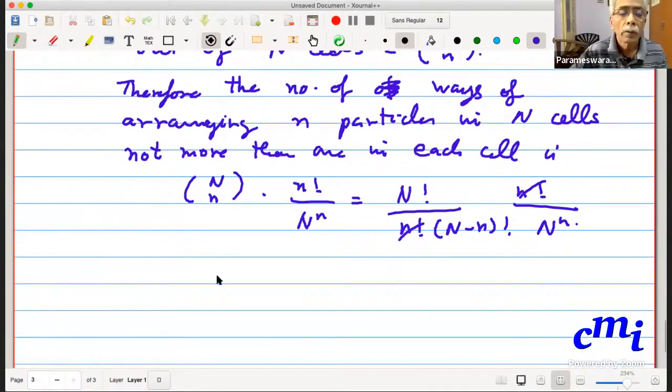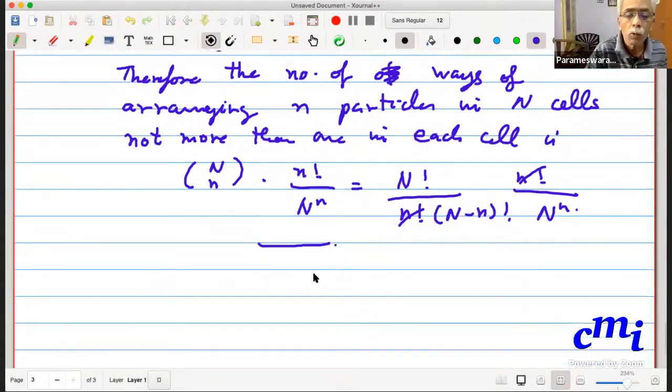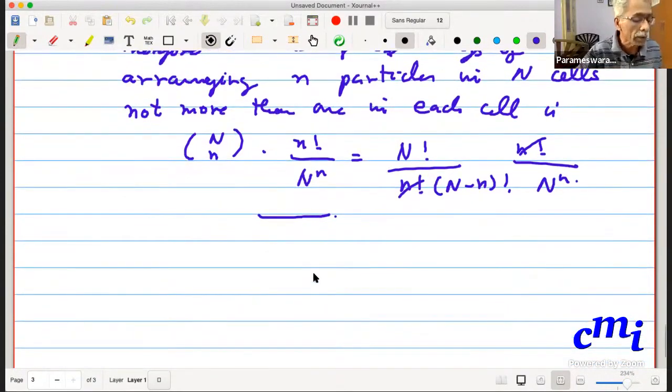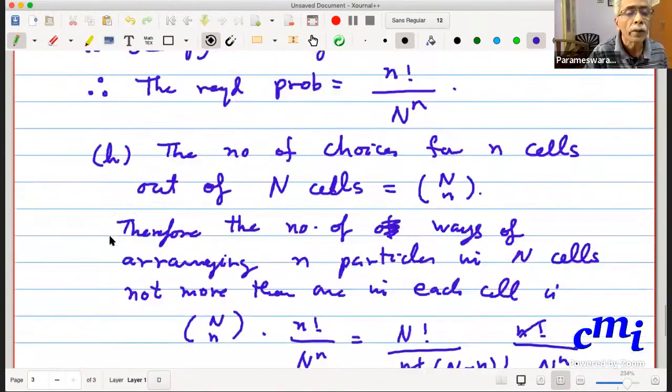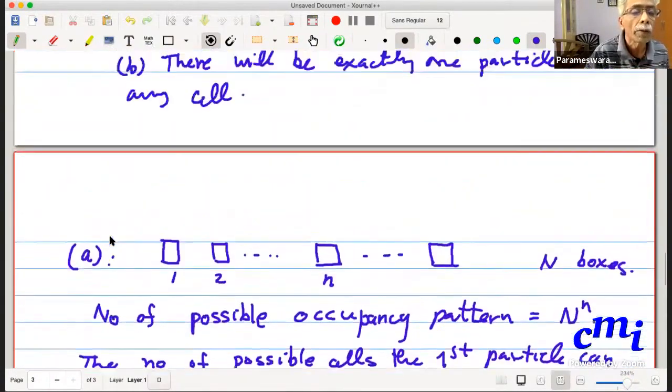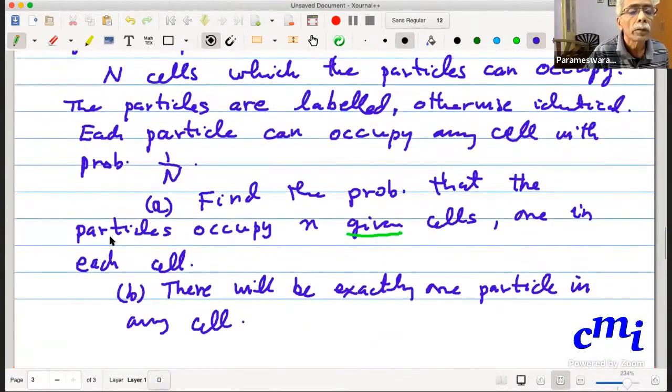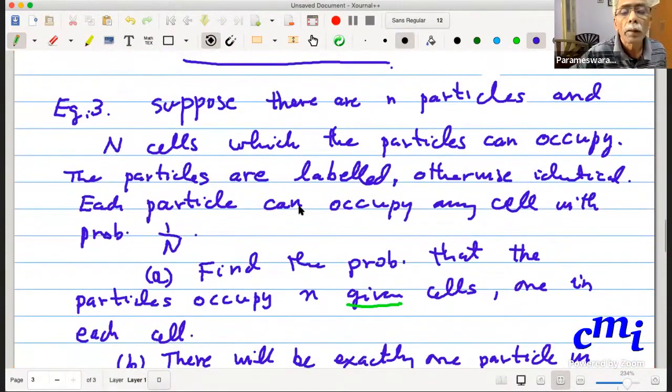Now there is a variation on this theme. You see how if we change the condition slightly, the answer changes drastically. Let us give this some label: this is 1.